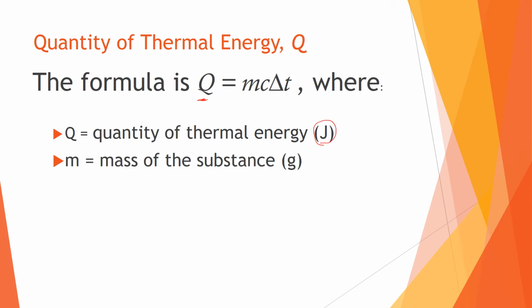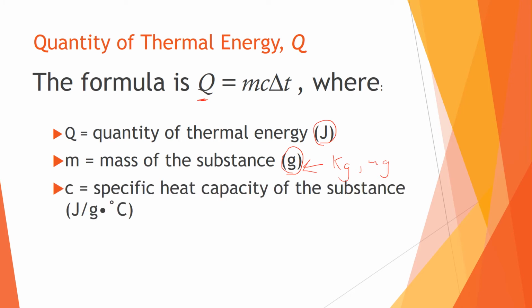Okay, M is the mass of a substance. Now we're familiar with M from our mass and molar mass and number of moles formula. Okay, it's always measured in grams. So if you are ever given kilograms or milligrams, you have to convert it to grams.